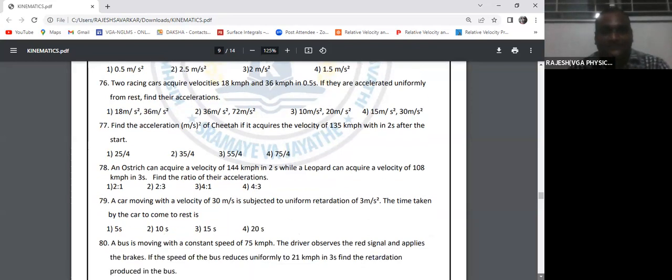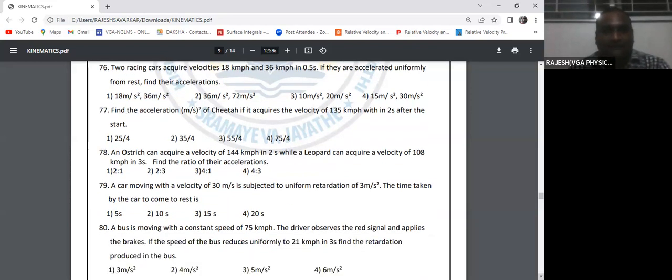Find the acceleration of cheetah if it acquires the velocity of 135 km per hour within 2 seconds after the start. So initial velocity 0, you have to convert this 135. So it is reaching 135 km per hour. 135 into 5 by 18.